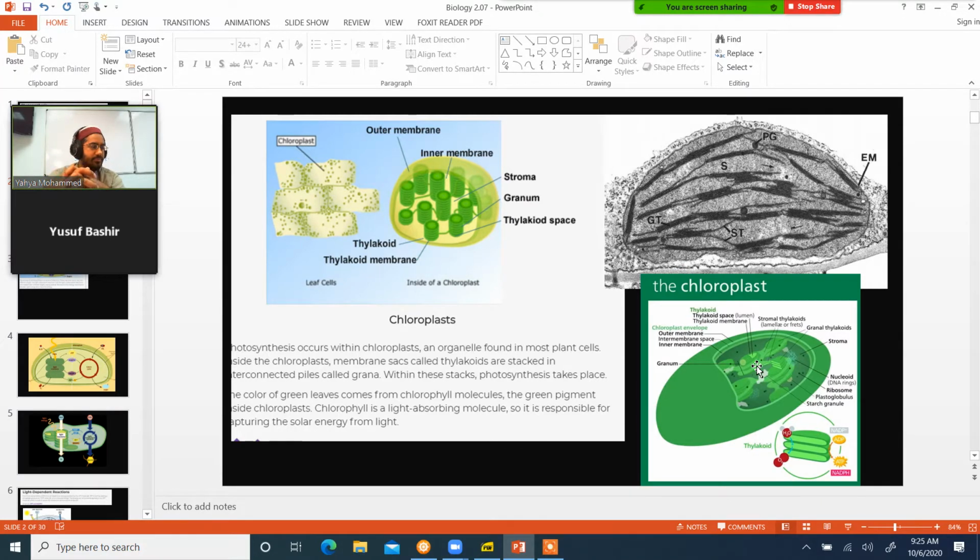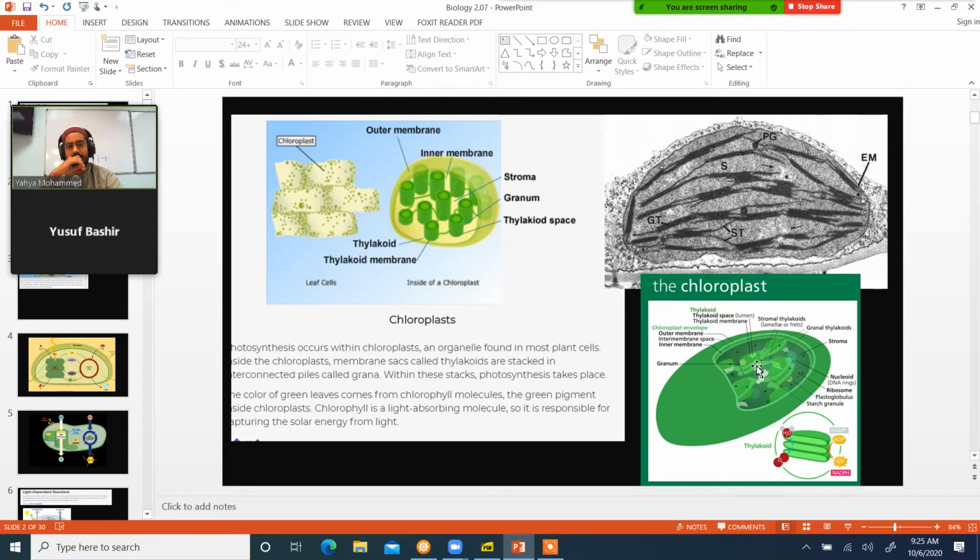What is the space called that's outside the thylakoid, however it's inside the chloroplast? Yusuf, what do you think? What is the space called based on the diagram, outside the thylakoids but inside the chloroplast?